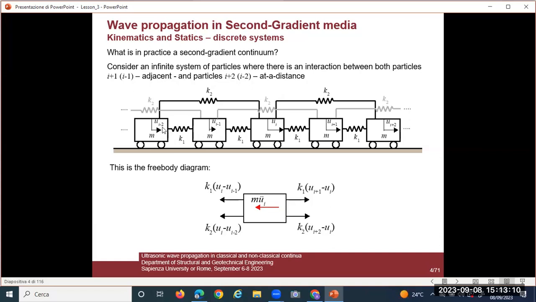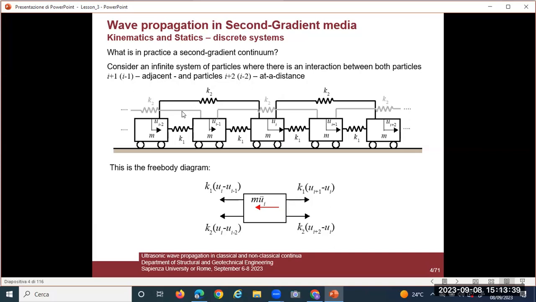Each one has a mass, and it is connected not only to the adjacent oscillator, as in a classical continuum, for instance the bar which we discussed 2 days ago.